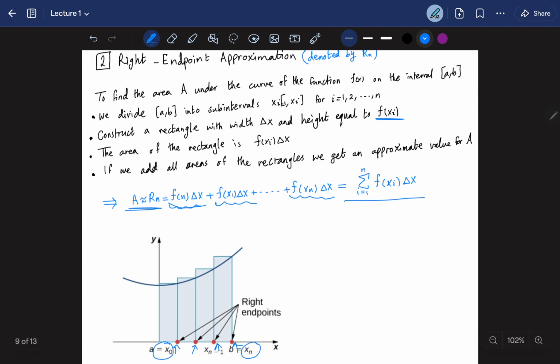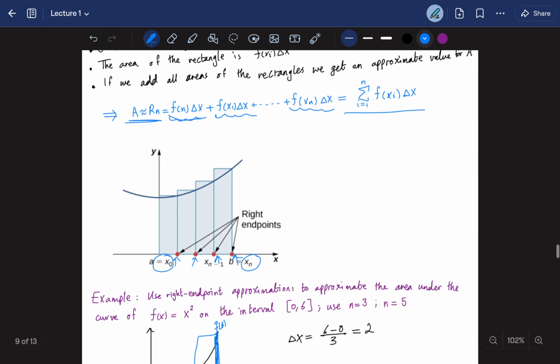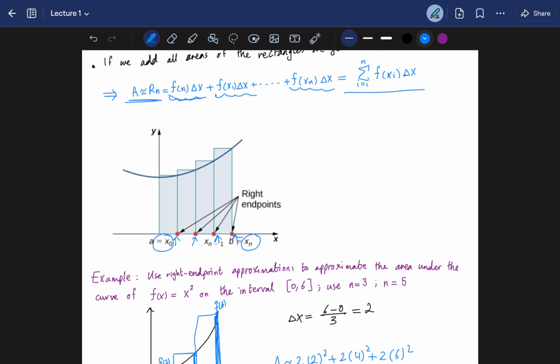If I want to write it in sigma notation, the only difference is I'm taking f of x_i, not x_{i-1}, like we did at the left endpoint. Okay, so just to summarize, when I'm approximating an area, I'm just approximating it using the areas of rectangles, either with left endpoints or right endpoints.